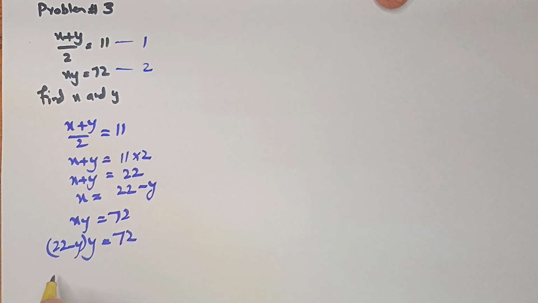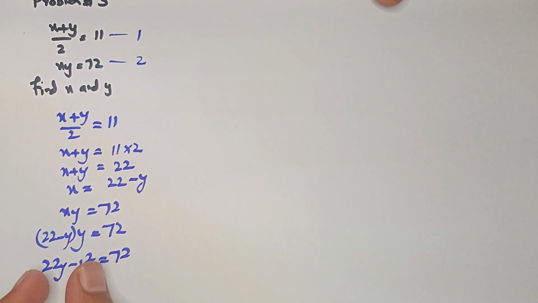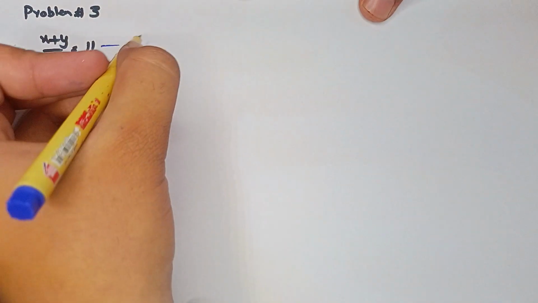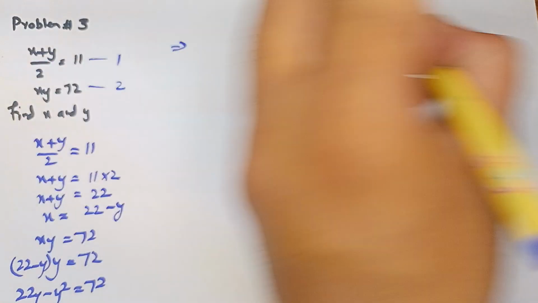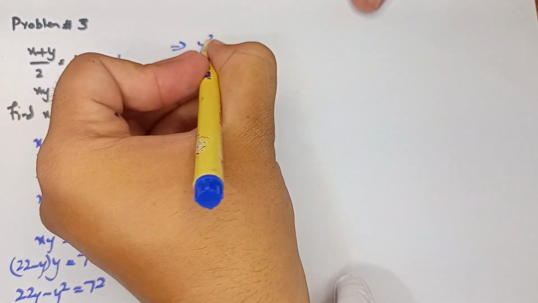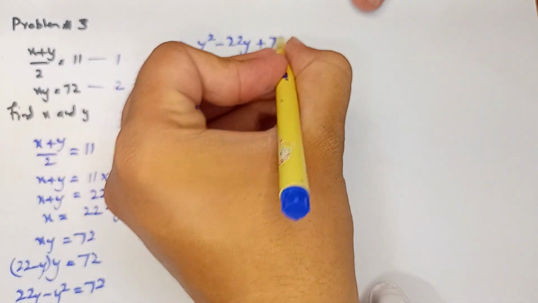Now multiply these two values: 22y minus y square equal to 72, and all values should come to one side. So y square minus 22y plus 72.